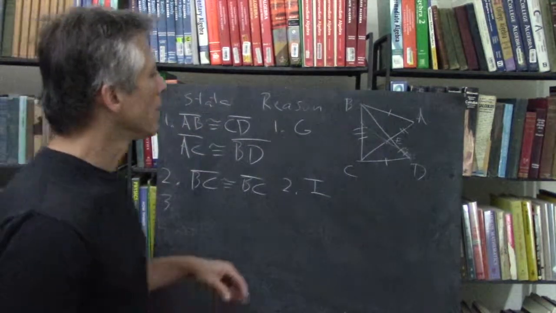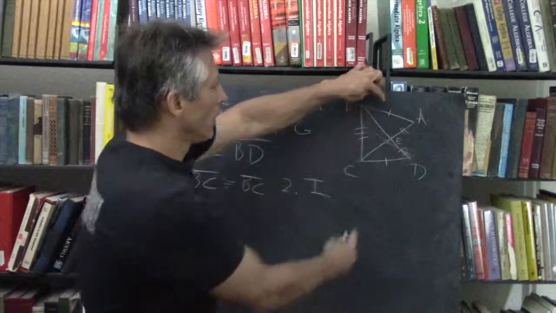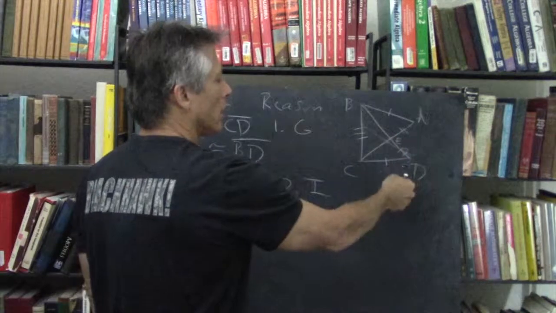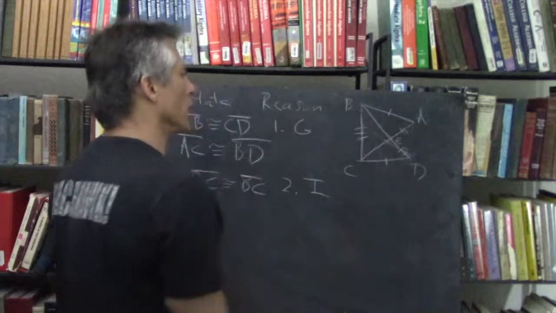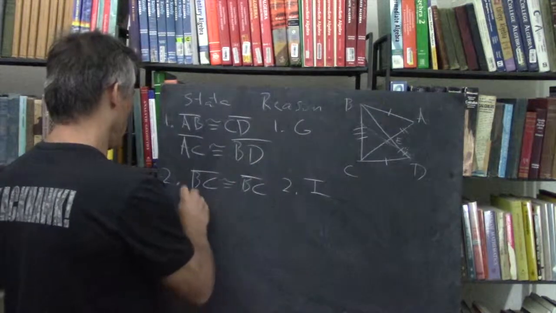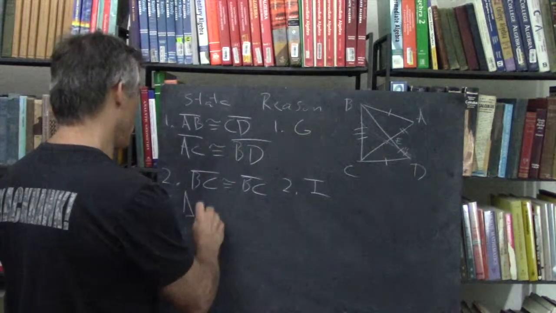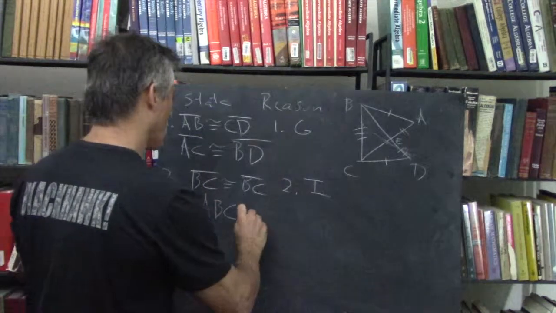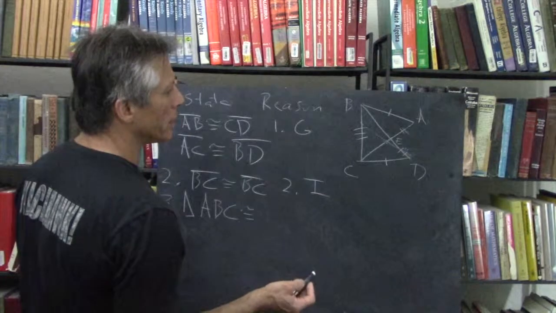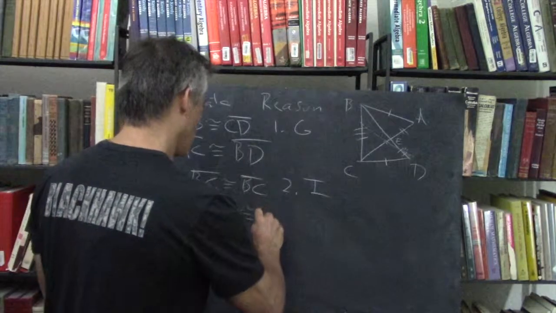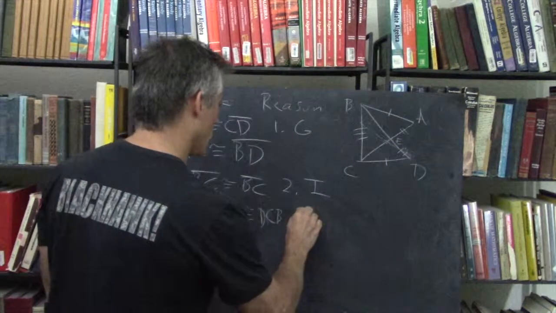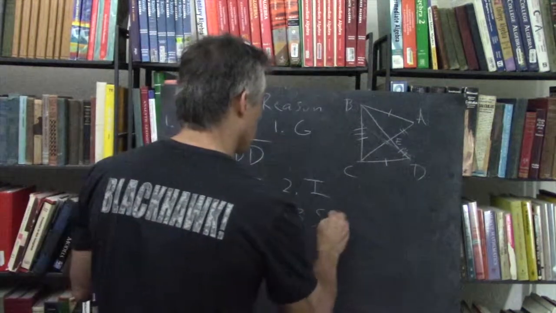And therefore, we have a pair that's congruent, another pair that's congruent, and this is congruent with itself. So we have the side-side-side theorem. So triangle ABC is congruent to triangle DCB by side, side, side.